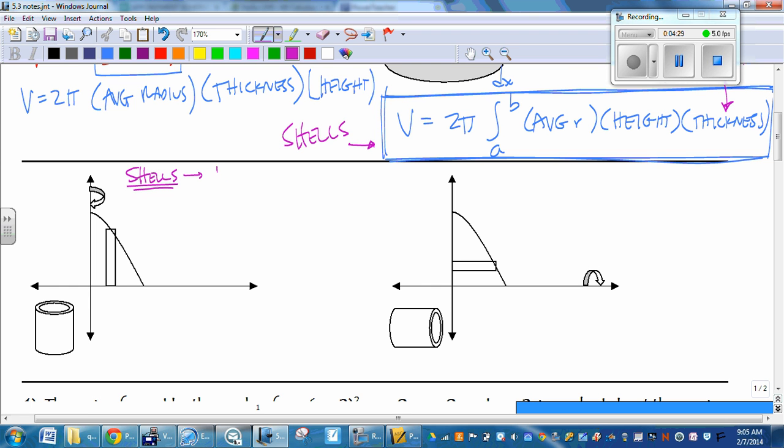So the rectangle is parallel to the axis of revolution, whereas for discs and washers the rectangle is perpendicular to the axis of revolution.